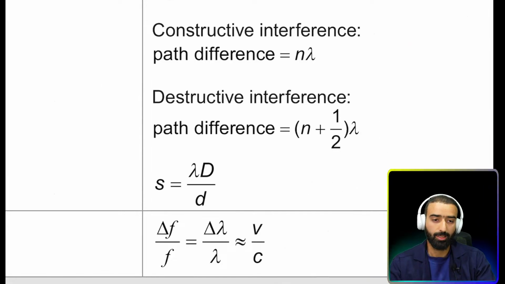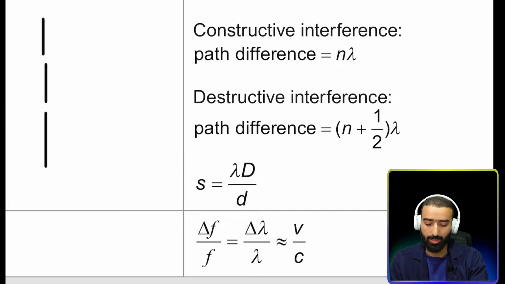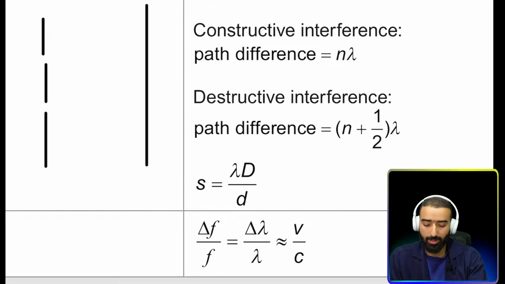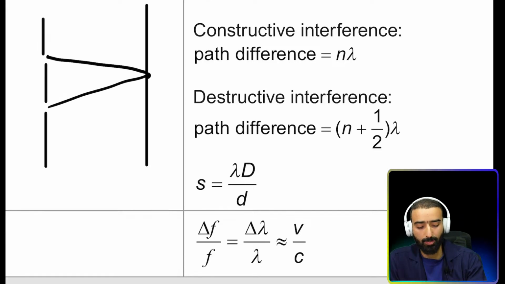So in a double slit diffraction, we have two slits separated by some distance, and you have a screen over here. Light from these two slits goes on and forms an interference pattern.